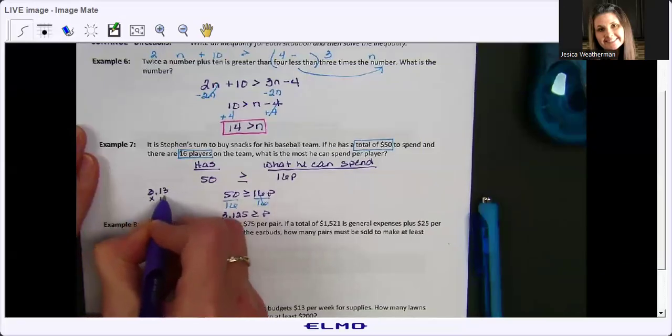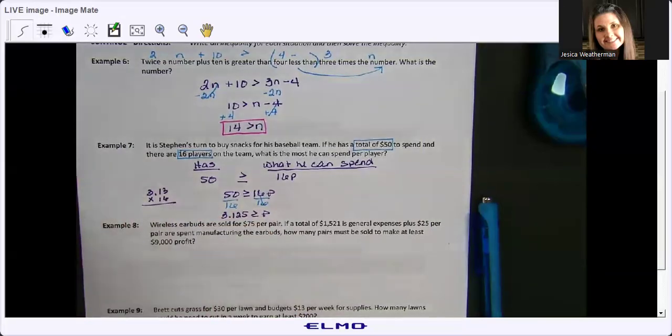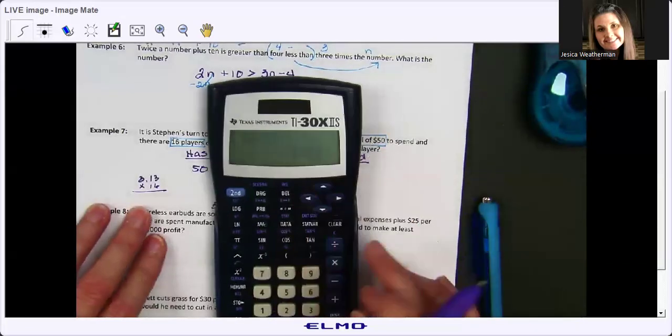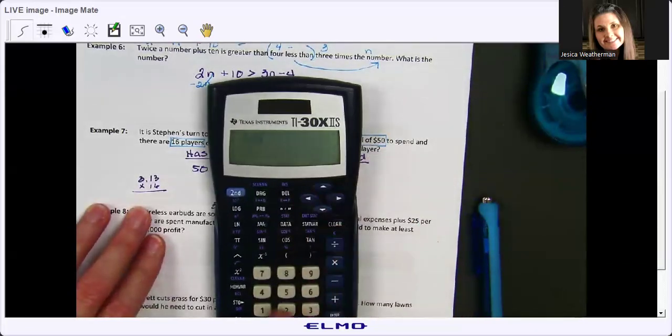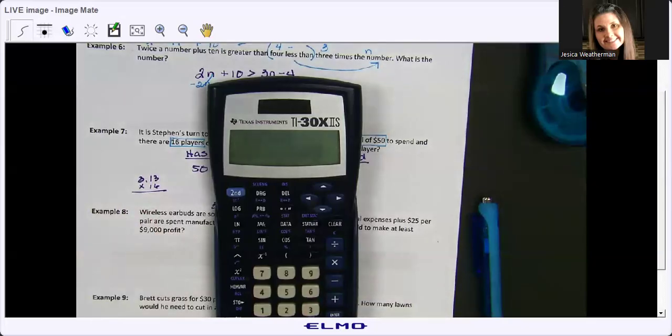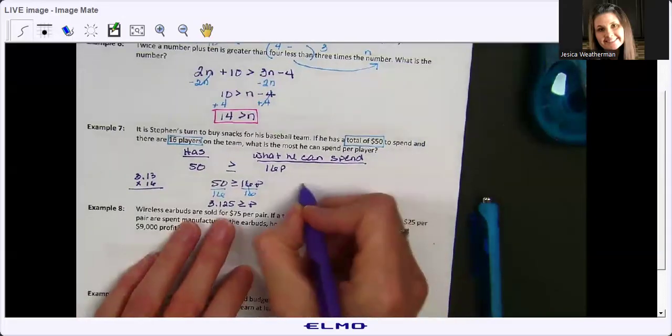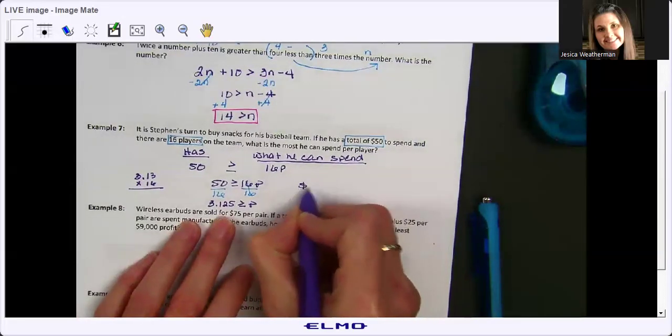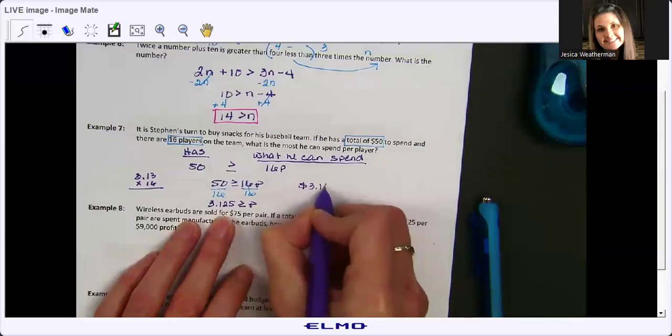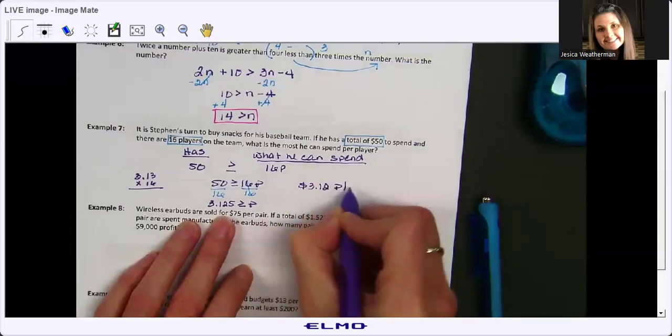Let's multiply that by 16 and see if we're less than 50. 3.13 times 16: we're 8 cents over 50. Can we spend $3.13? No. So in this case, we would not round it. So our answer is $3.12 per player.